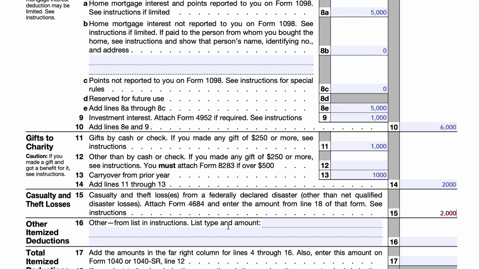And then line 16 contains other itemized deductions. According to the form instructions, this could be gambling losses, only to the extent of gambling winnings that you report on Schedule 1. So if you don't win any gambling money or you don't report any gambling income, then you can't take any gambling losses. But let's say that you won $5,000 and you at least spent $10,000, then you would report the $5,000 of income.